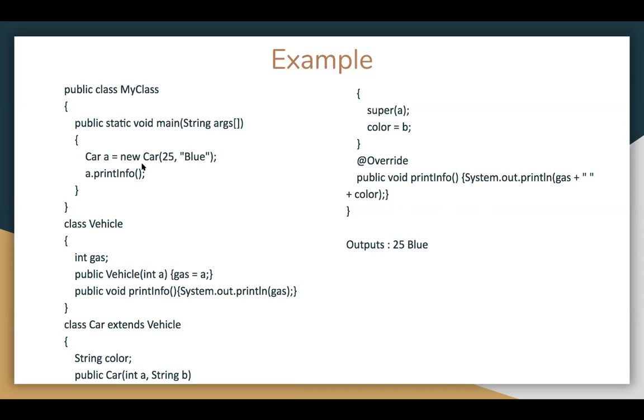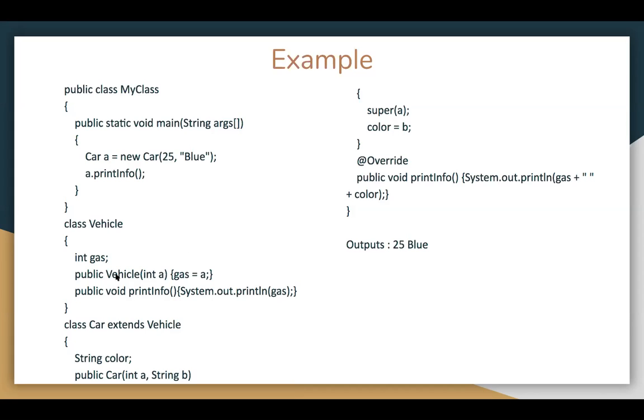And if you change this to a Vehicle, you would not put the blue here, since there's only a gas variable, so you only put the 25 there. But then it would call this method here instead of this method.